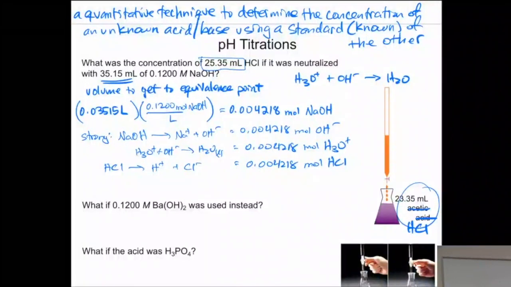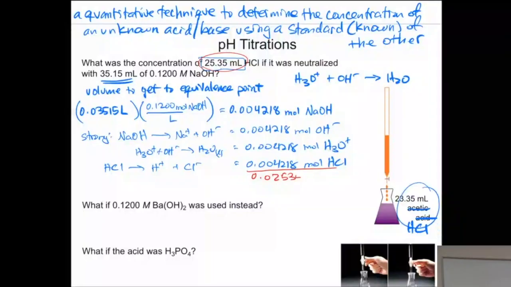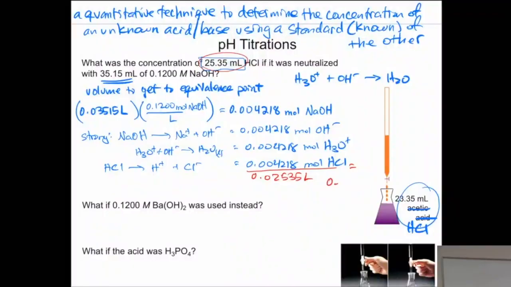That's moles of HCl, and what's the volume? The volume is right here, 25.35 milliliters. That contained this many moles. So let's divide this by 0.02535 liters, and I'll have the molarity of HCl equals 0.166 molar HCl.